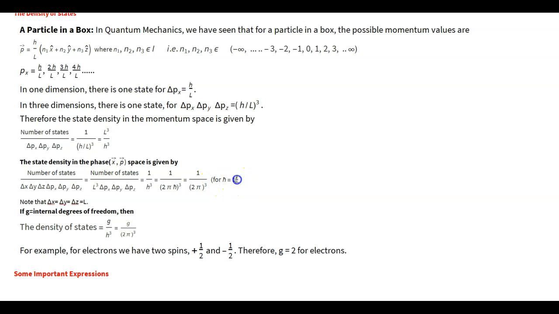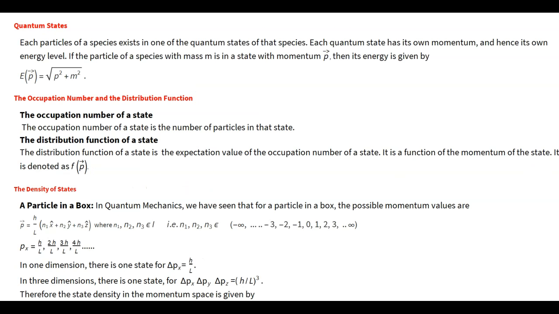In natural units, if we take h bar equal to 1, then 1 over h cubed becomes 1 over (2 pi) whole cube, and the density of states, g over h cubed, is equal to g over (2 pi) whole cube. If you are convinced with this expression, then you may like to skip the derivation. Otherwise, let's go through all the steps.